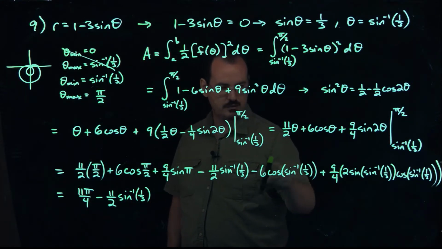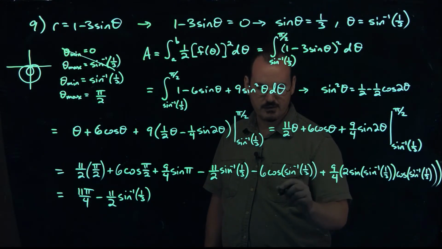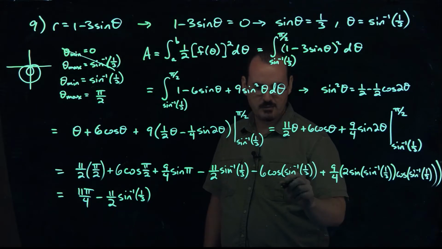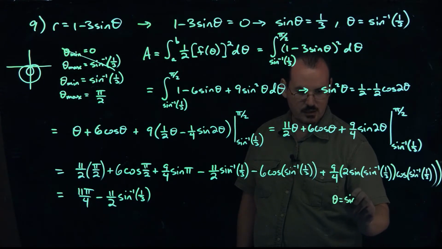Okay, so these ones here, we might have to consider a triangle. The cosine of the inverse sine of 1/3. So if you let theta be the inverse sine of 1/3, then we can draw that.